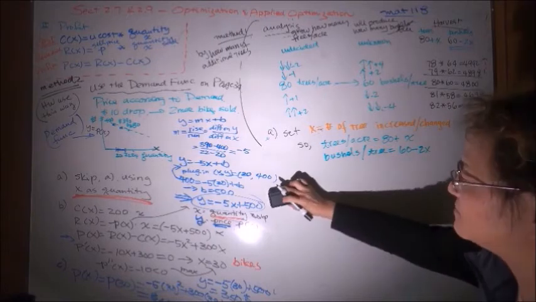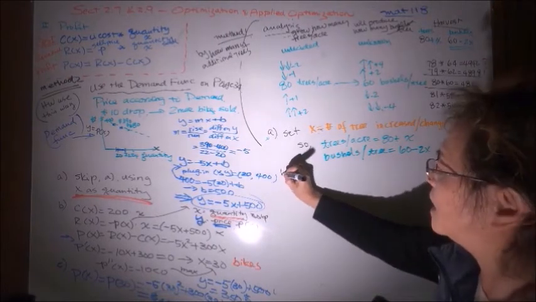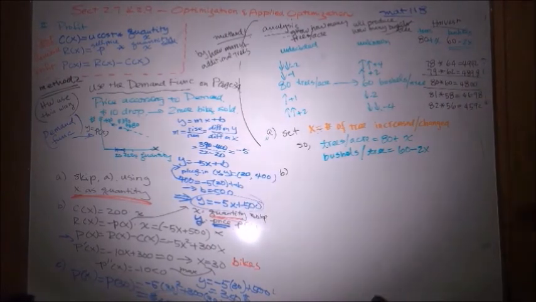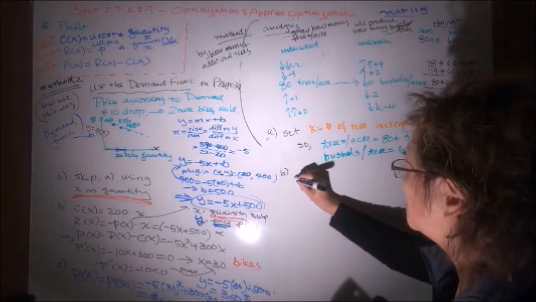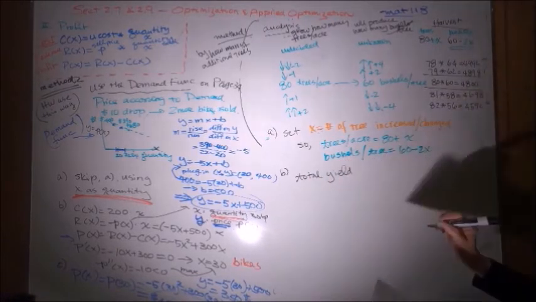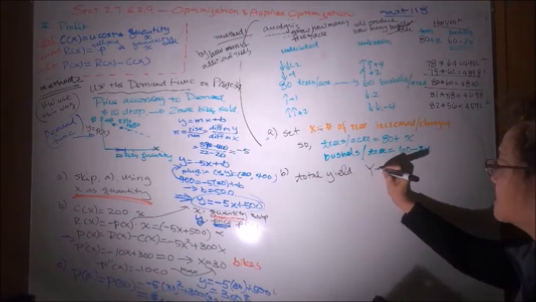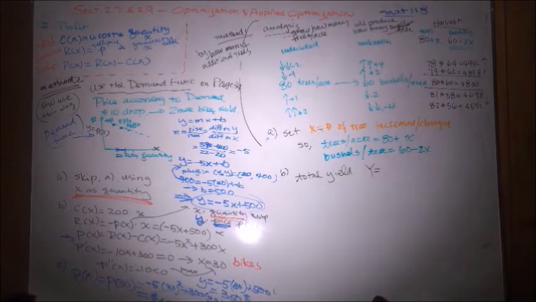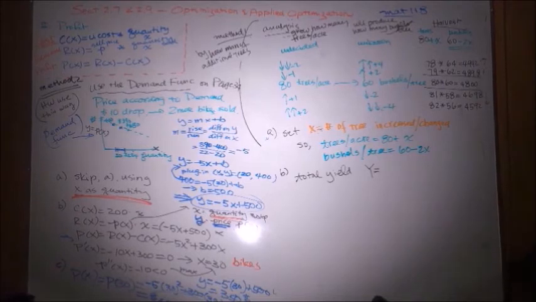If we use this method, let's see how we are going to write down our yield, right? So the total yield will be what? How do we get the total yield?